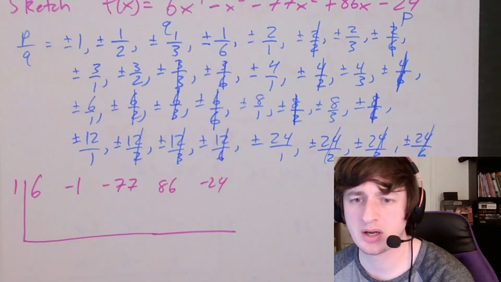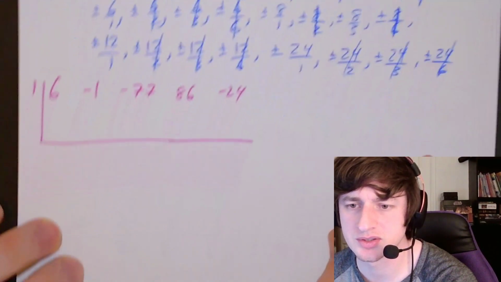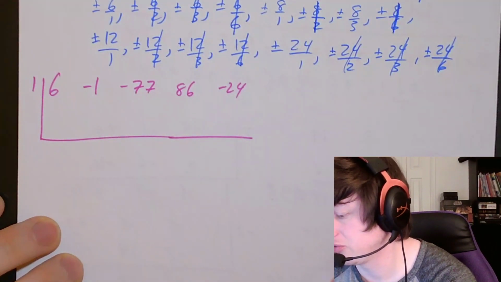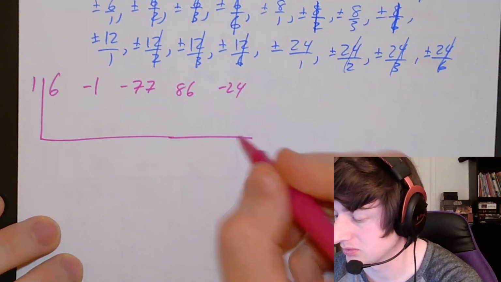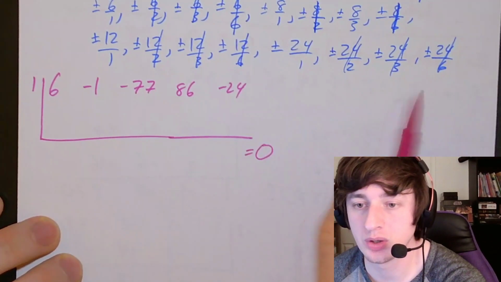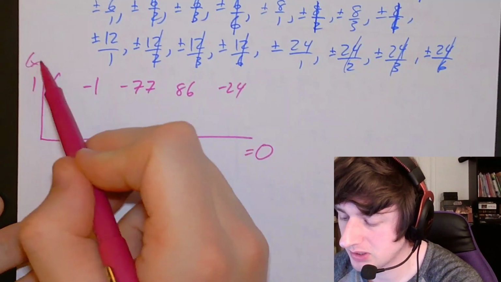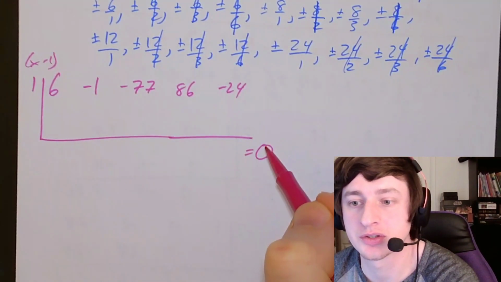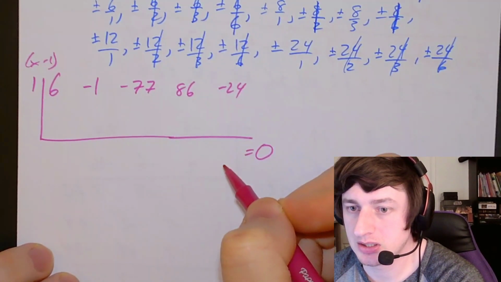And remember what we said when we were doing this rational root theorem stuff: if we're not getting 0 at the end, we don't need to do the whole synthetic division. This needs to equal 0. We only care about 1. Really, this would be x minus 1 here, if we get 0 at the end of the synthetic division. I don't think we will.